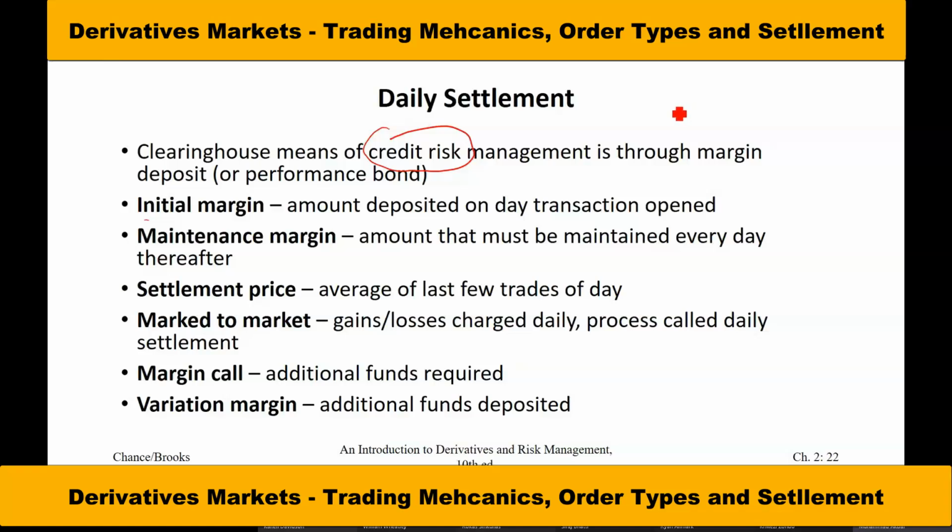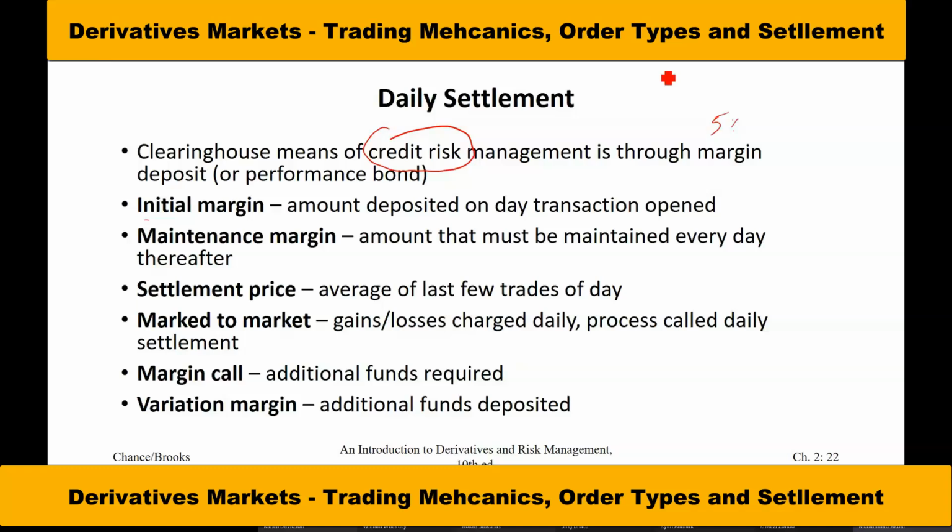In the futures market, depending on the type of underlying and the volatility, some underlyings are more volatile, some are less volatile. So depending on that, the margin deposit may range up to 5% at times 10% of the underlying value.